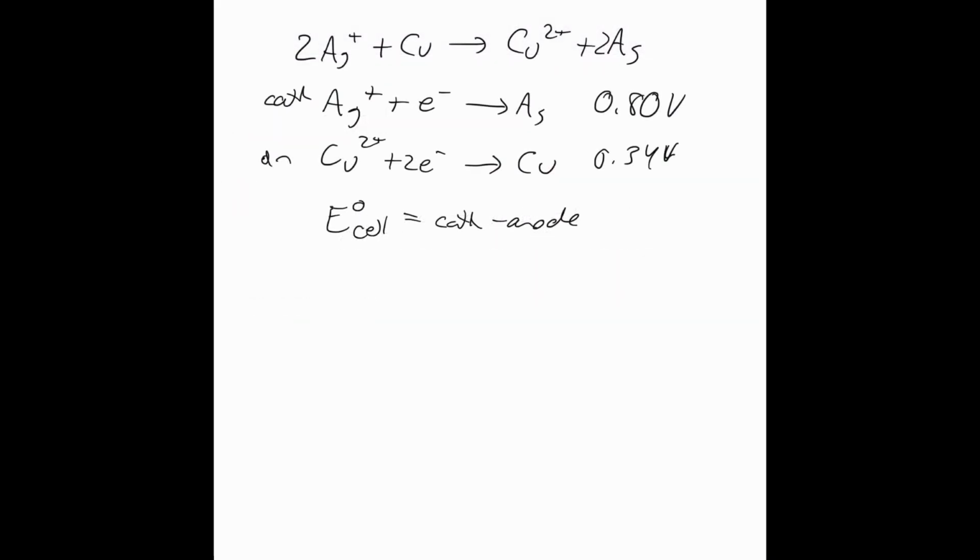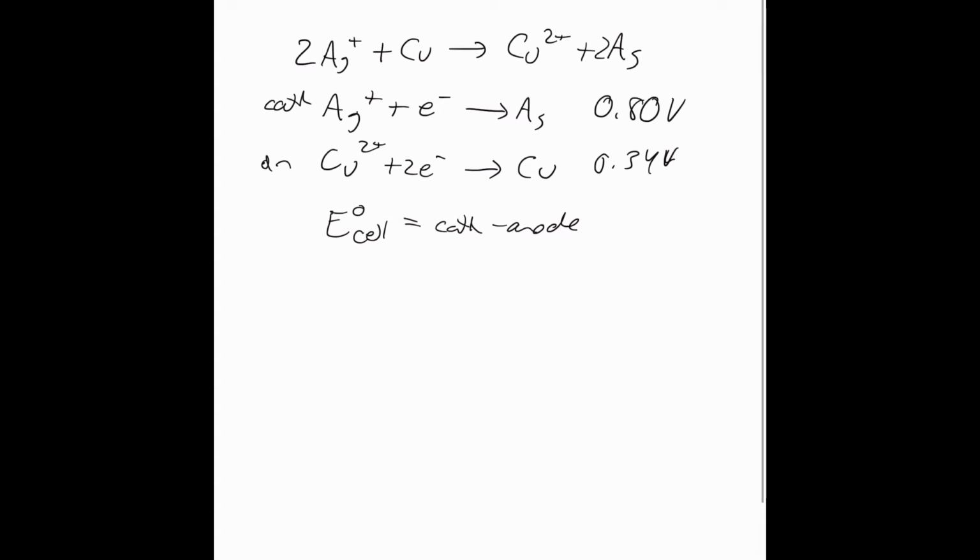Here we have the problem set up. I've got the overall reaction written. I have the reduction potentials of the two half reactions, and I've identified the silver as our cathode and the copper as our anode.